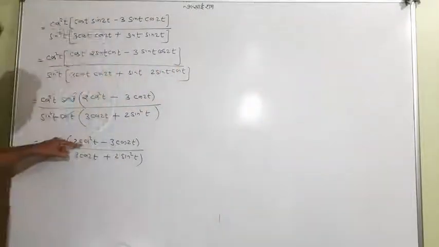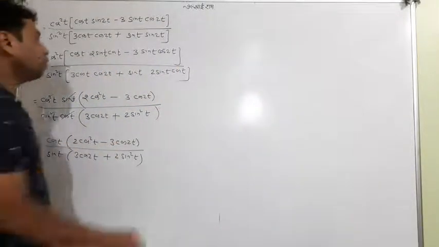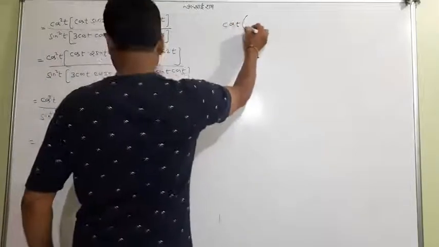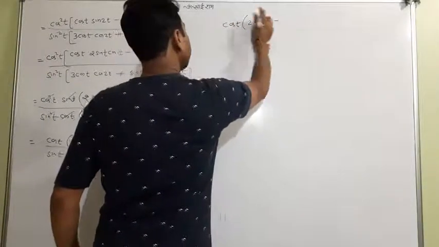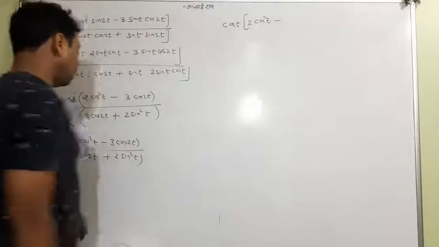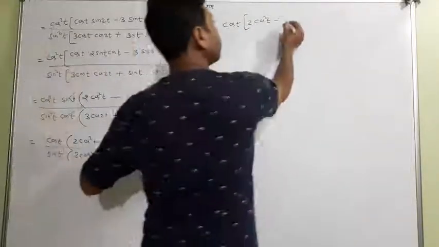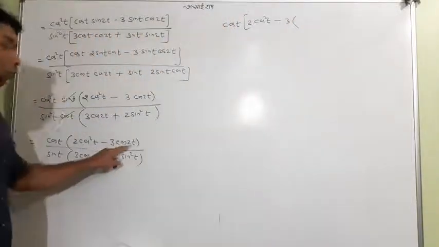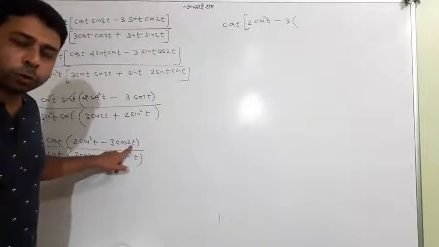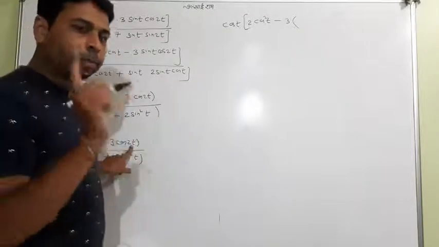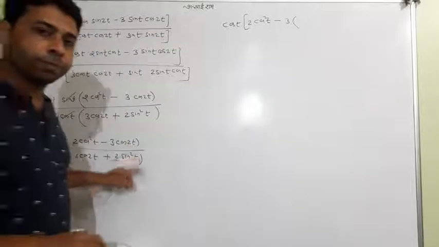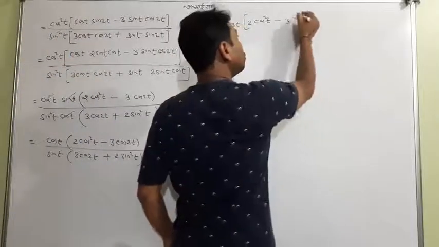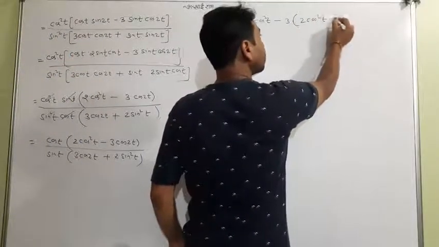So change all to cos in the upside. Look, I tell you: cos t, 2 cos square t minus 3 times cos 2t. What is the formula of cos 2 theta? There are 4 formulas, but I am using only one: cos 2t is 2 cos square t minus 1.